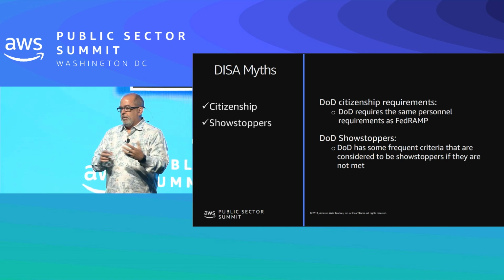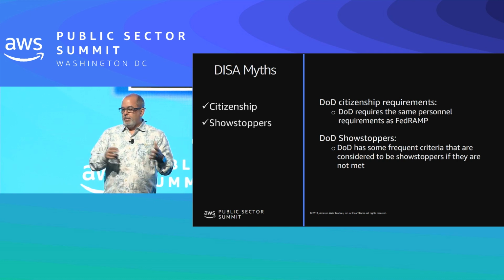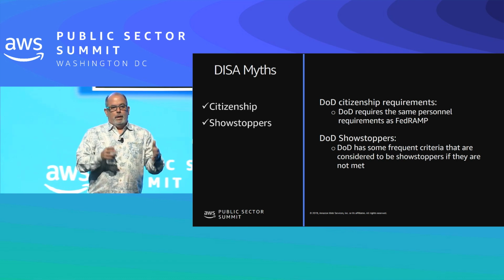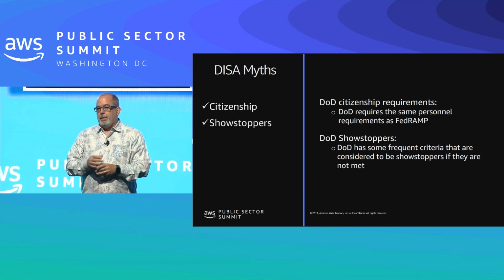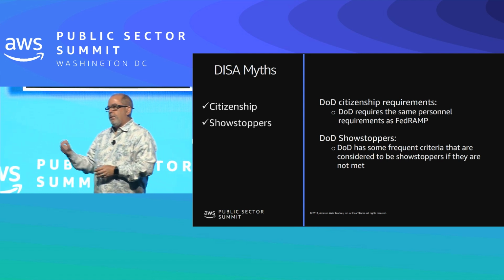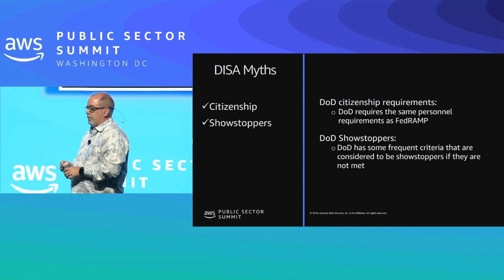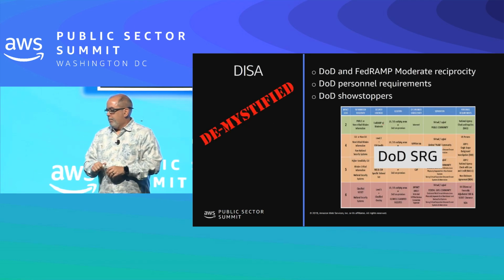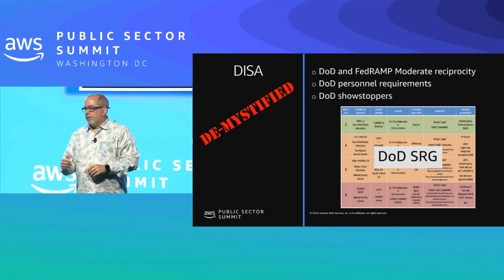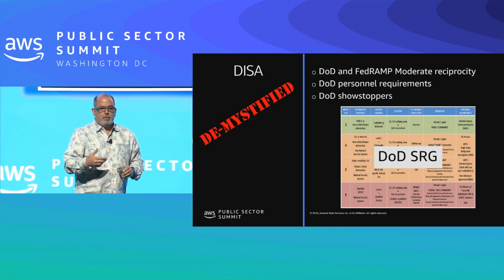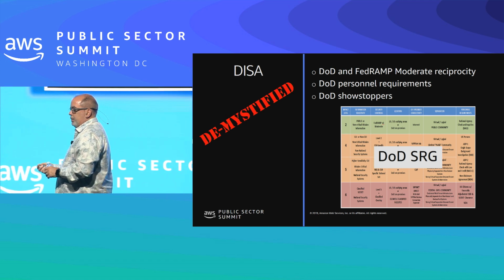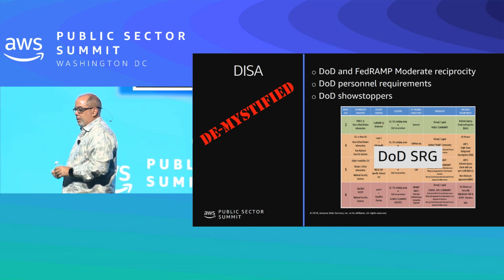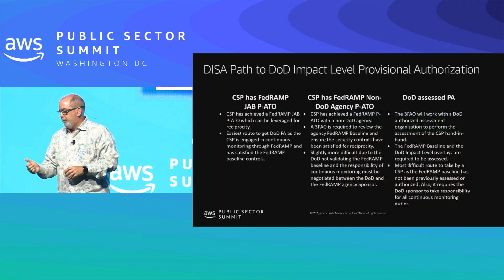That's where our team, as well as our partners within the ATO on AWS program, can help advise and work through that with all of our customers and partners, because it's all about breaking down those myths and making sure you're not making costly mistakes. So as you can see, there is some reciprocity, the DoD personnel requirements, and then some DoD showstoppers that we just went over.